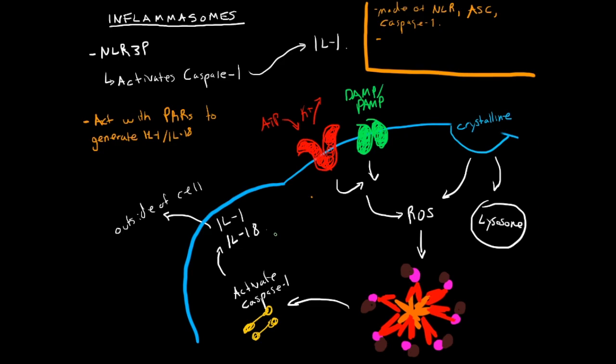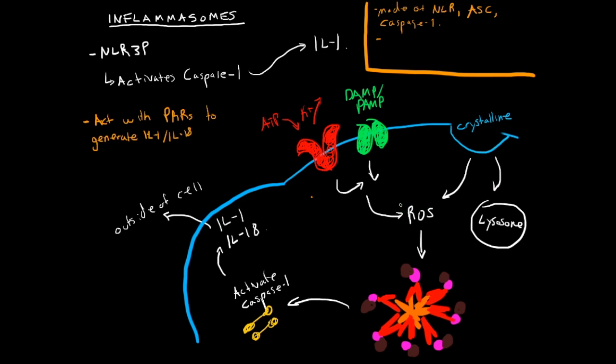The NLRP3 inflammasome is expressed by different cells such as monocytes, macrophages, neutrophils, and dendritic cells, and then also some lymphocytes and epithelial cells. What it does is it responds to DAMPs and PAMPs, which are damage-associated molecular patterns and pathogen-associated molecular patterns, also ATP influx and crystalline influx.